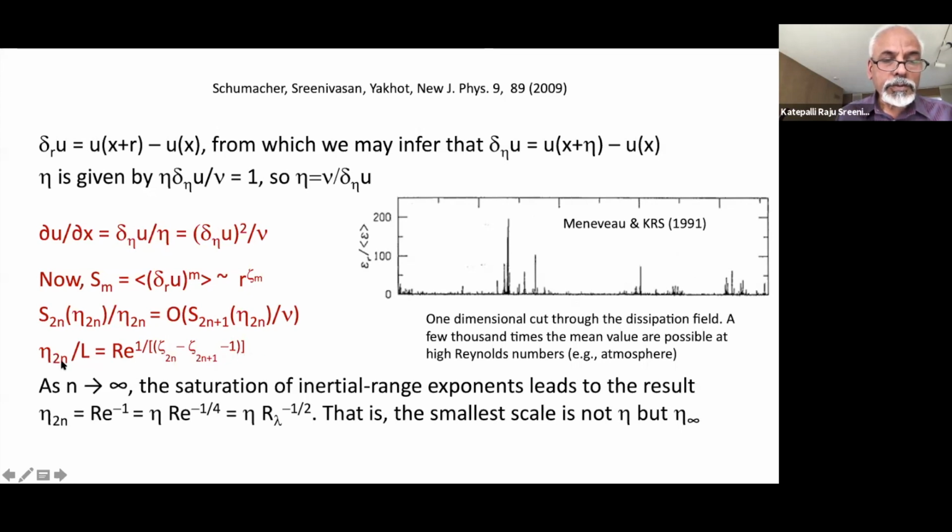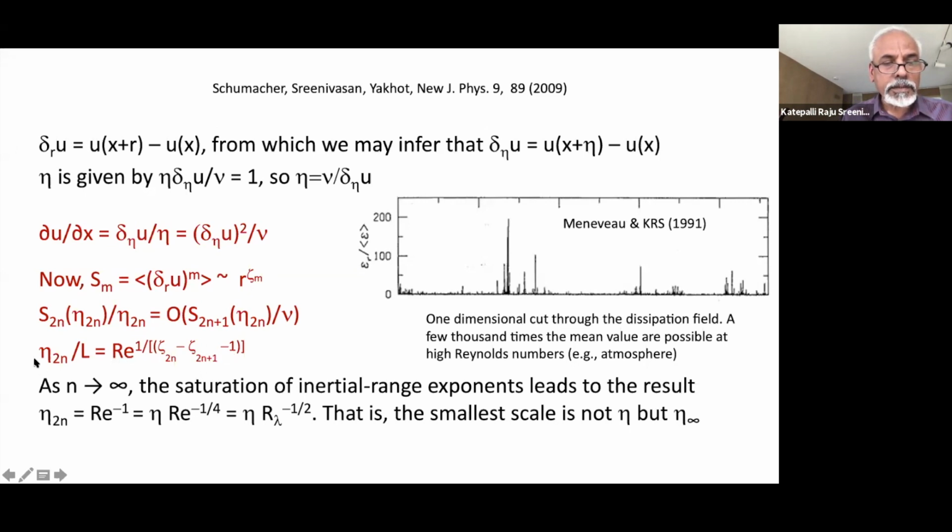If I let 2n go to infinity, or n go to infinity, which is really very large order structure functions, and if I say that for large order these structure function exponents in the inertial range saturate, which I will show you momentarily, then it's clear that zeta 2n is the same as zeta 2n plus 1.